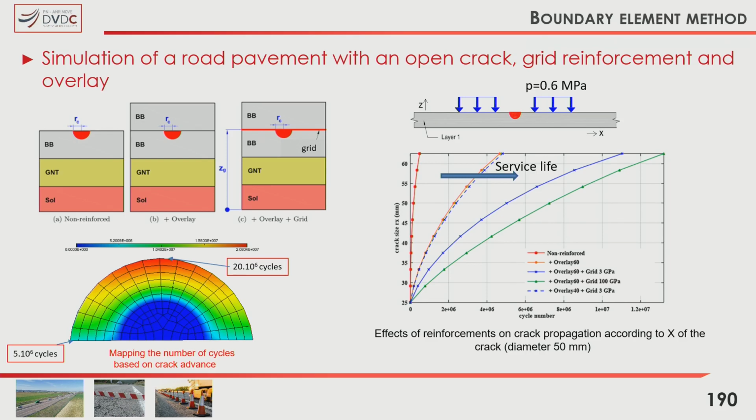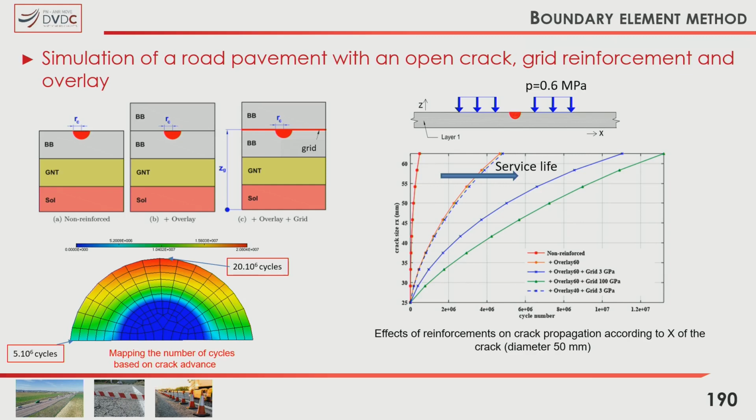And for the cracks, we have a propagation which goes more quickly at the interface rather than inside the material. There's a factor of 4 between the propagation on the interface and in volume within the material.